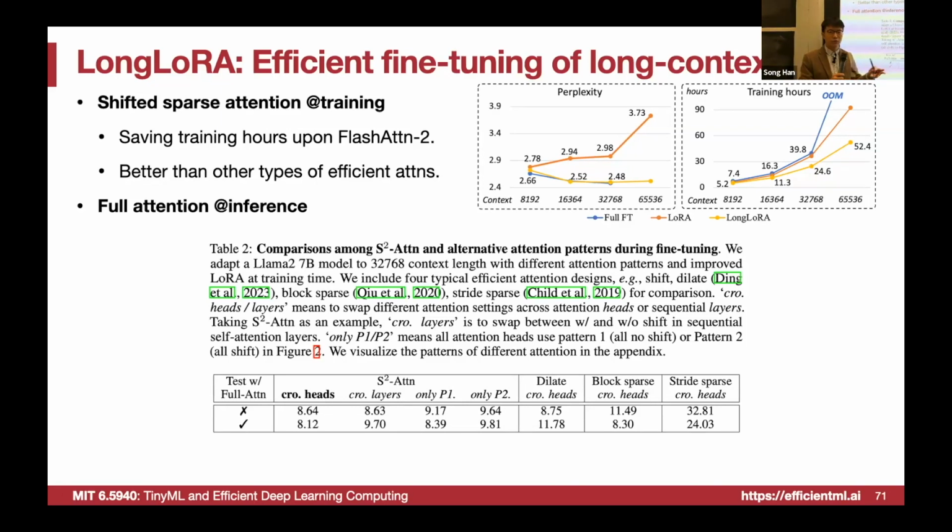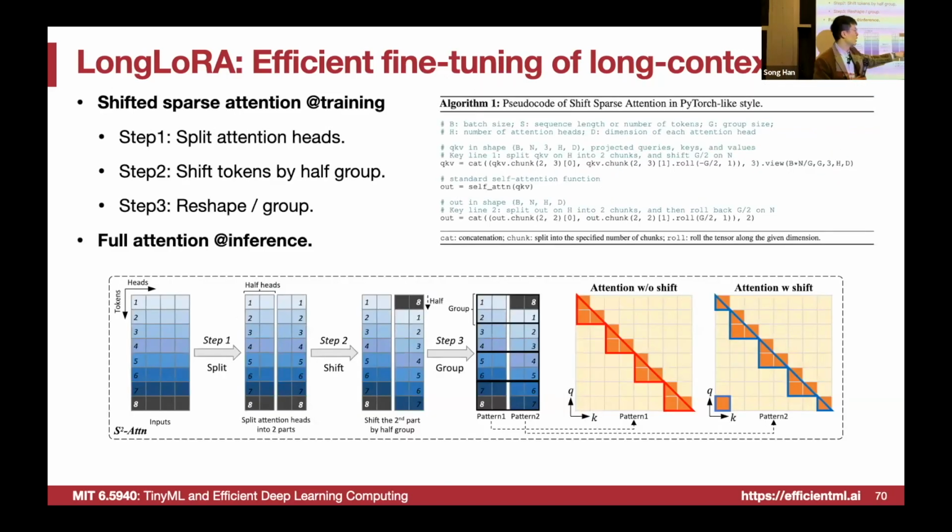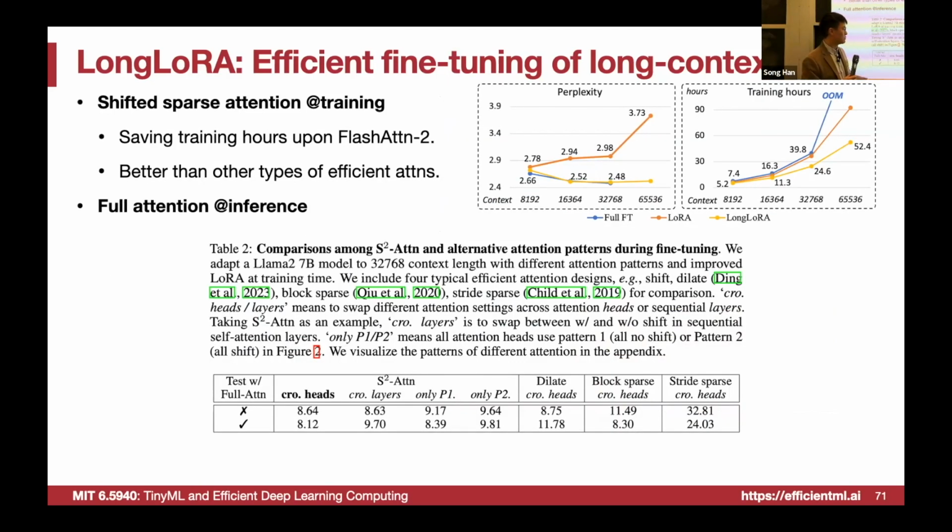And here, this figure is showing this mechanism to shift across different groups. So we shifted across different heads or across layers, or only have pattern 1 or pattern 2. Okay, so here we have pattern 1, we have pattern 2. And how do we interleave them? The best approach is actually to interleave them across the attention heads, which gets the lowest perplexity.